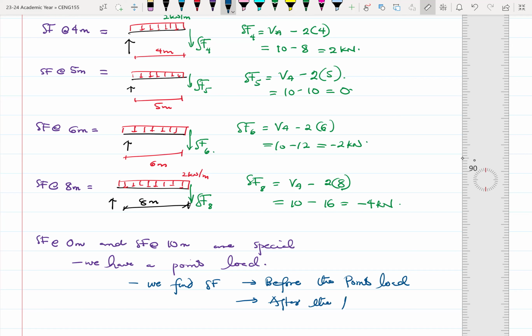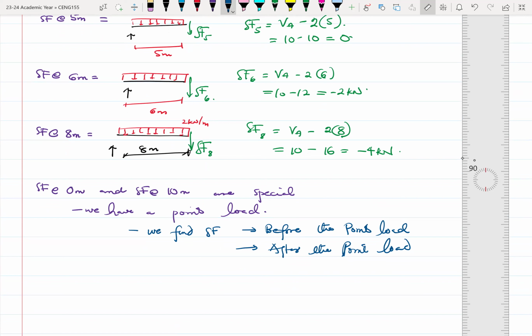The reason for that is so that we can capture the shearing effect, or the slicing effect.